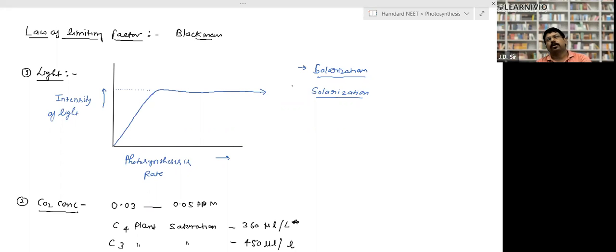When the light intensity increases beyond a certain limit, the oxidation of cell organelles takes place, and as a result, cells die.